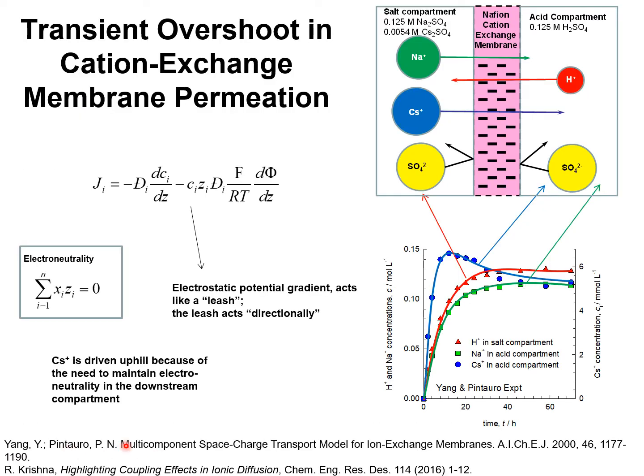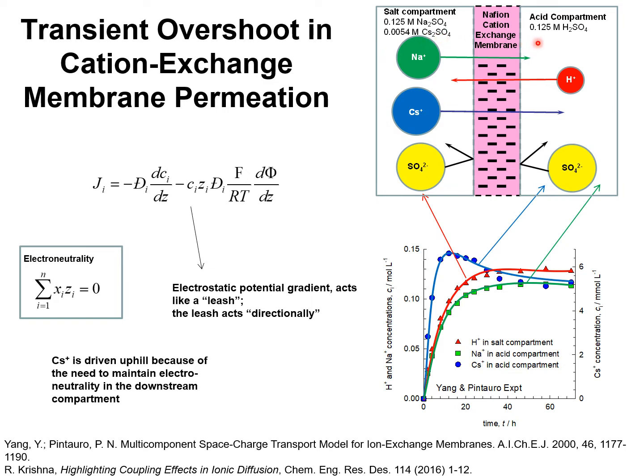Yang and Pintaro report a set of experiments on ion transport across a cation exchange membrane that is made of Nafion. The left compartment contains salt solutions containing sodium sulfate and cesium sulfate.